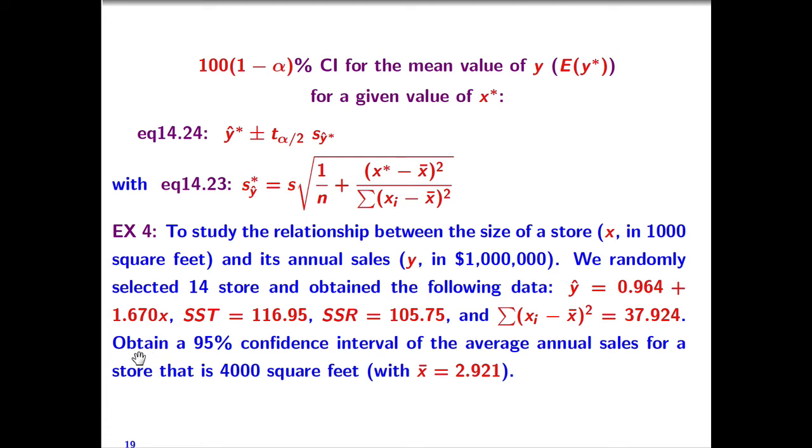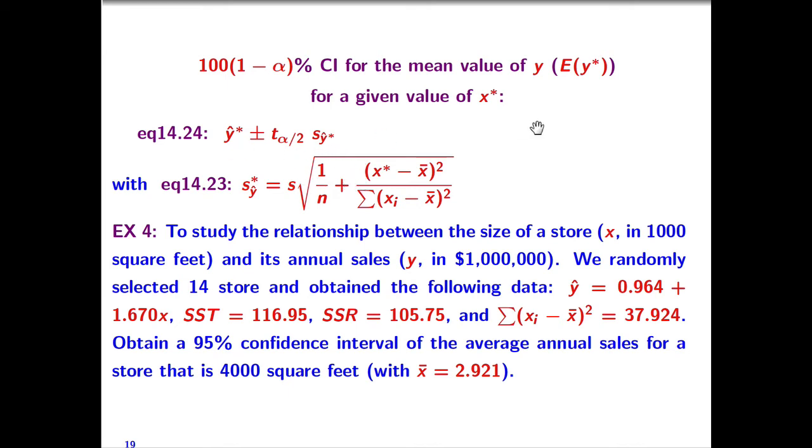I ask you to obtain a 95% confidence interval of the average annual sales for a store that is 4,000 square feet, with x bar equal to 2.921. So we are going to use those two equations to solve the problem.